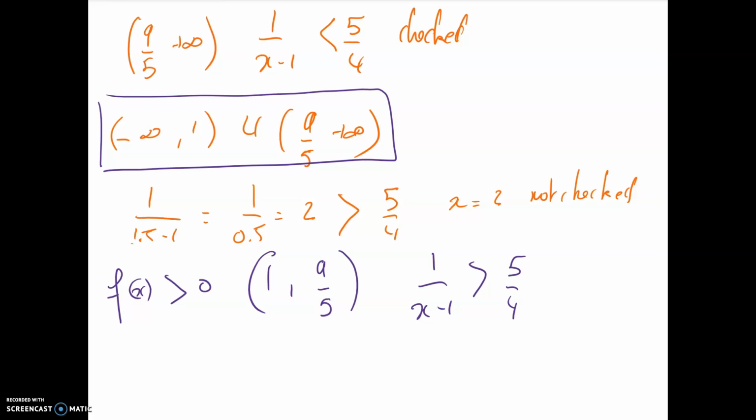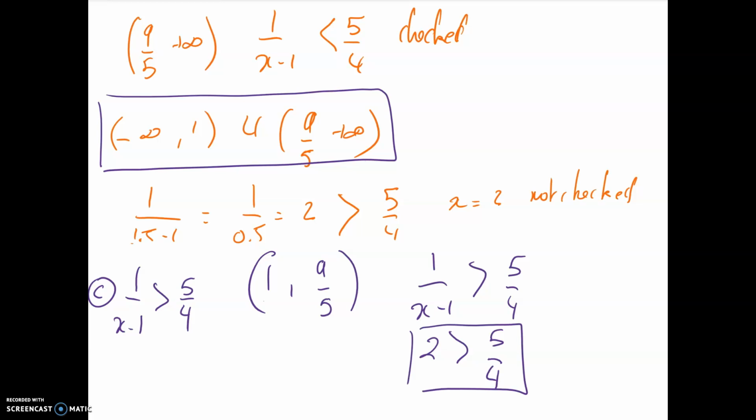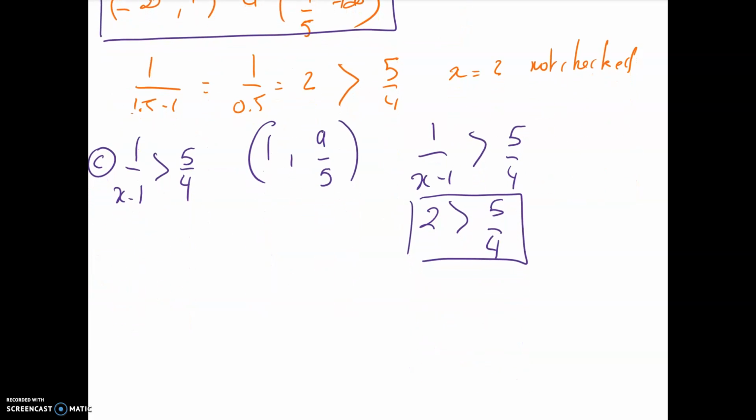Because when x equals 2, I end up to have 1 greater than 5 over 4, which is correct. And it's not f of x equals 0. I don't know why I put f of x equals 0, but question C is all about checking that 1 over x minus 1 is greater than 5 over 4. So I'm going to use my interval that I calculated previously, between 1 and 9 over 5. And so I am going to substitute 2 inside my inequality and end up realizing that that's the only place where your inequality is true.